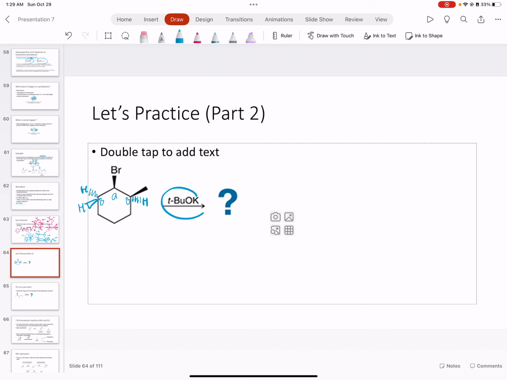So then this one's bulky, so we have to take that into account. Our less substituted is gonna be our major product. So in here we do have a hydrogen. And then in here we do have another hydrogen on a dash. So then we have two options. We have option 1, and then we have option 2.